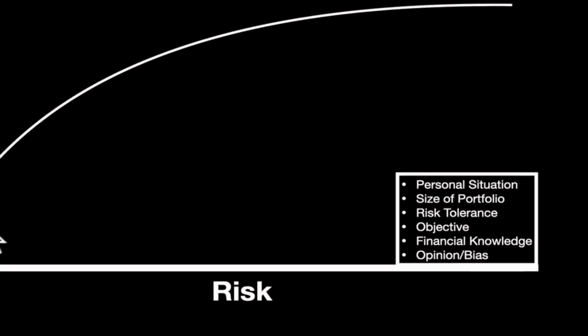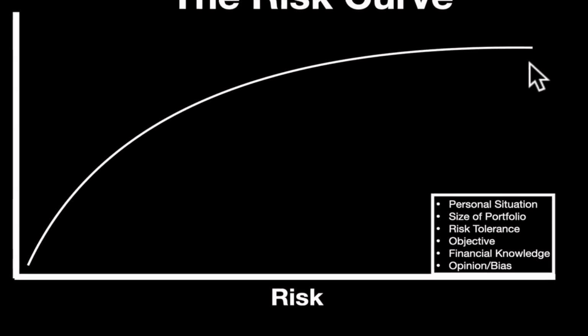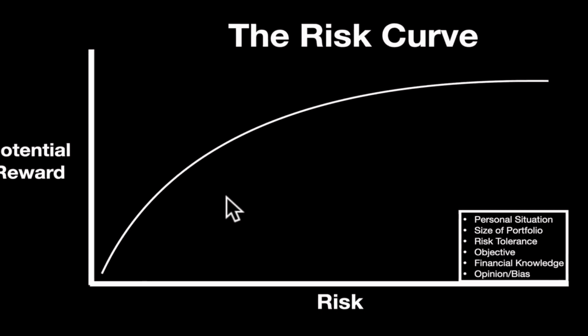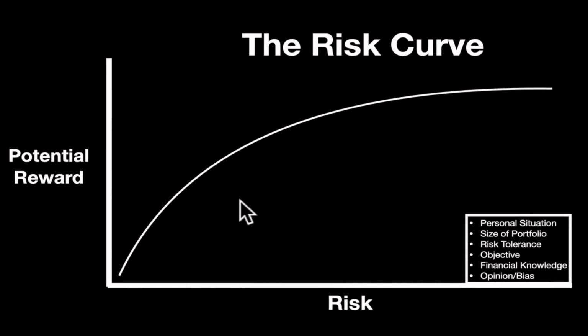So we can do this on a portfolio level, but we can also do it on an asset class level as well. Take stocks, for example. Now, you could just invest in an S&P 500 index fund. You'd be sitting around about here. You'd have a lower potential reward, but you're not taking that much risk. If you hold on to it for 10 to 20 years, you're virtually guaranteed to be making money.